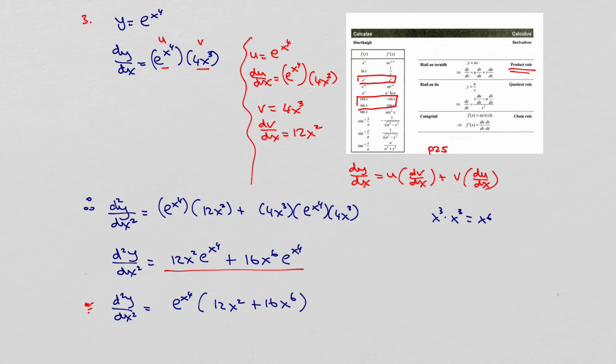Okay. So in general, to find our second derivative, we want to differentiate, in other words, find dy dx, which is the same as f dash x. So if our function is given as y, we'd get dy dx. If our function is given as f of x, we would find f dash x.